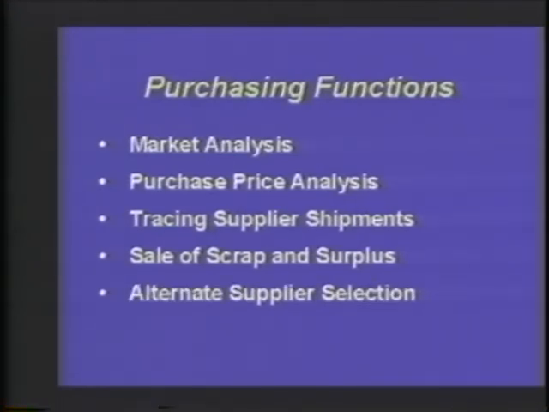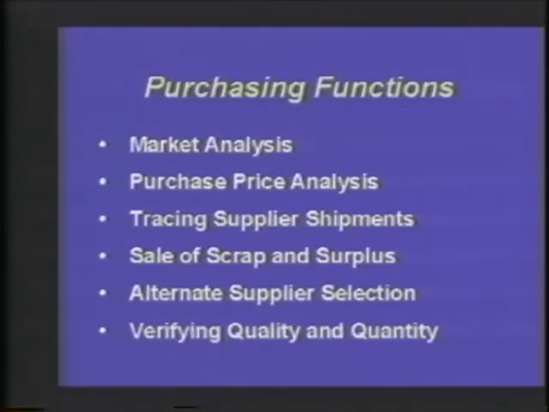Alternate suppliers are a key consideration where you have, let's say, large volume or critical items. You definitely want to consider more than one supplier for that type of a commodity. Verifying the quality and quantity is an integral part of the purchasing responsibility, but the people that are doing the receiving, inspection, and the actual counting of the receipts from supplier shipments is the storeroom.